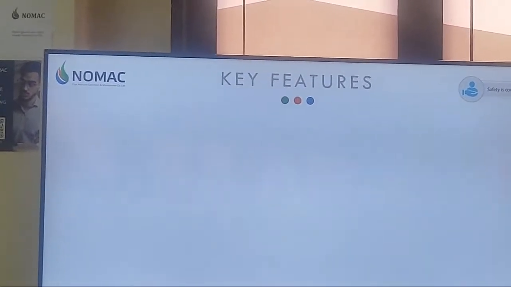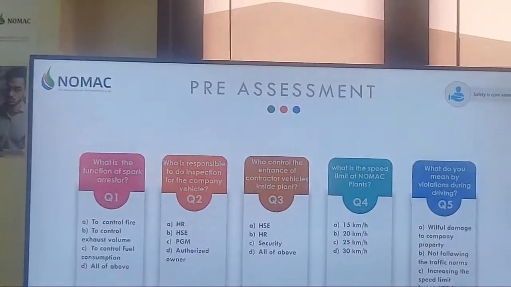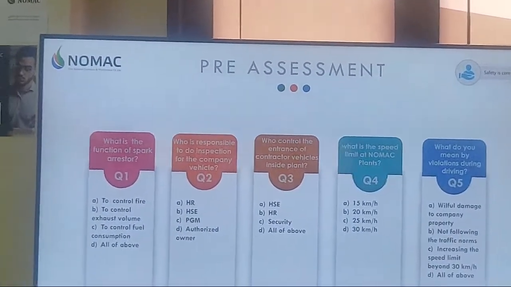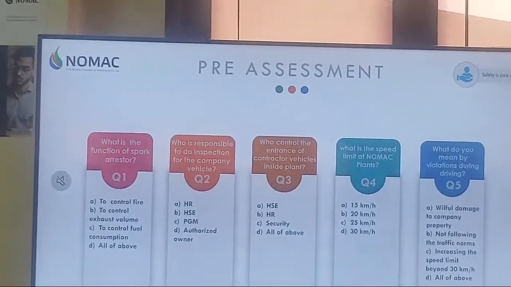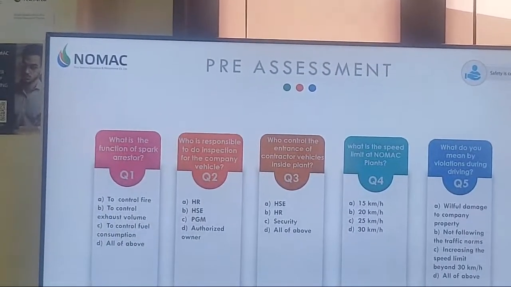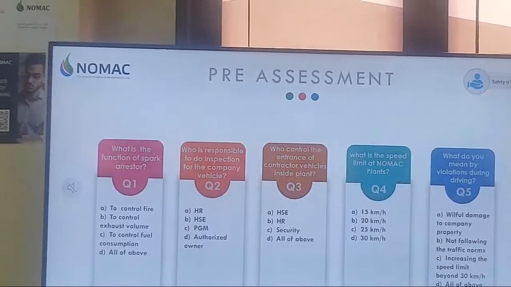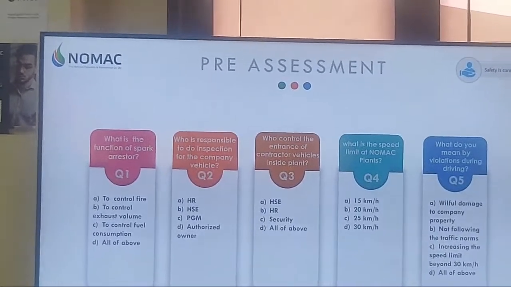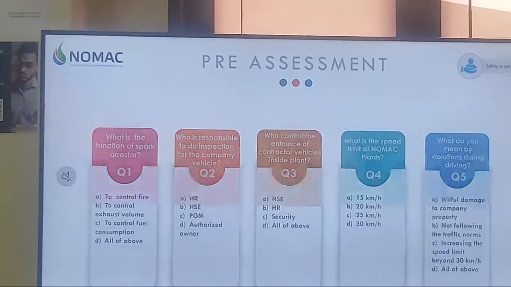So, who controls the entrance of the contractor's vehicles inside the plant? Security, yes, security. Security will control the entry when they have the necessary documents needed to prove that it is valid.